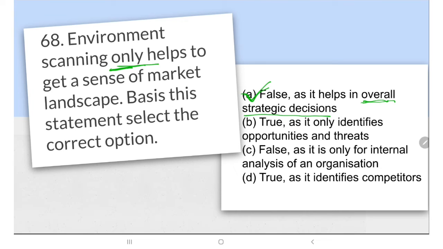Environmental scanning does not help only to get a sense of market landscape. It gets information from internal environmental and external environmental factors, and it helps in overall strategic decisions. Next question.